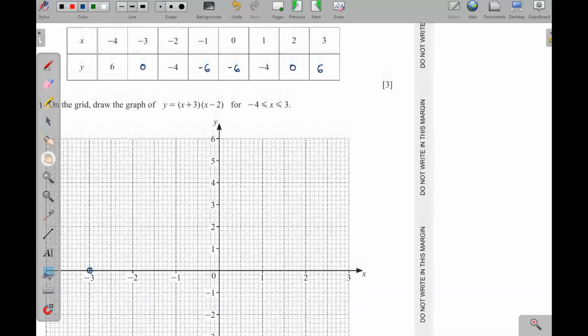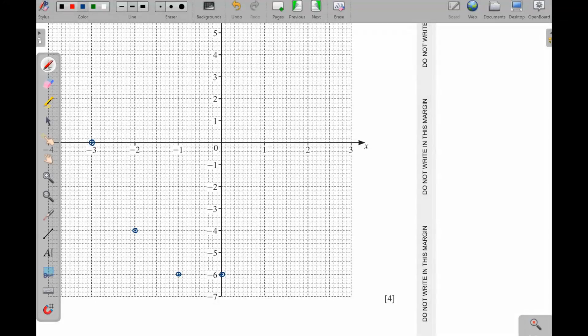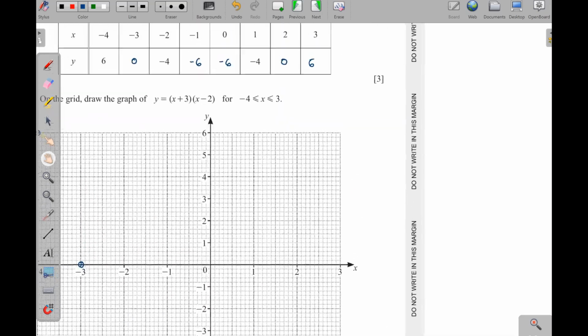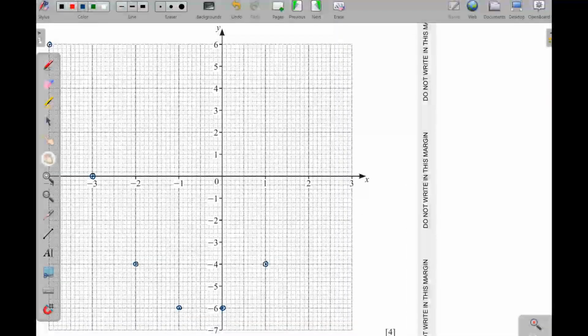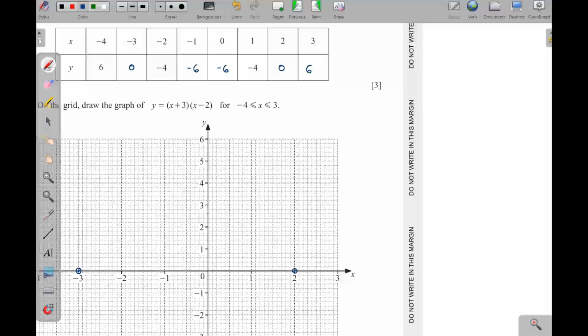Then we also have 0, negative 6. Then the next one is 1, negative 4, which is a symmetrical graph. And then we also have 2 and then 0. 2 and 0 is here on x-axis. And lastly, we have 3 and 6, which is here.